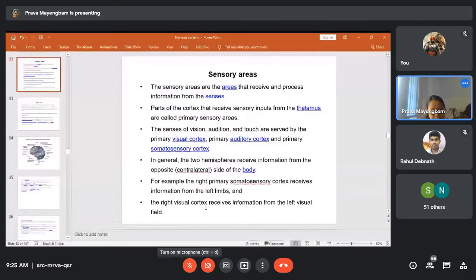I'll explain how that goes when we discuss the visual pathways, when we discuss the eye. So here the right cortex is going to receive the signal from the left, and the left cortex is going to receive the information from the right.